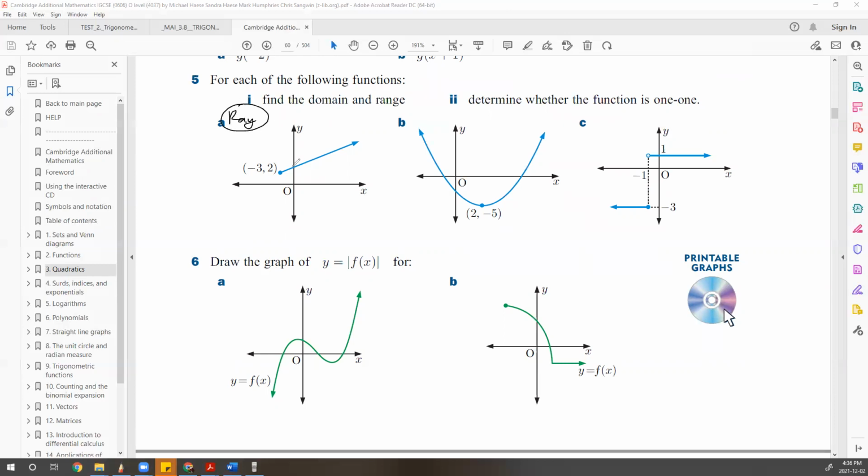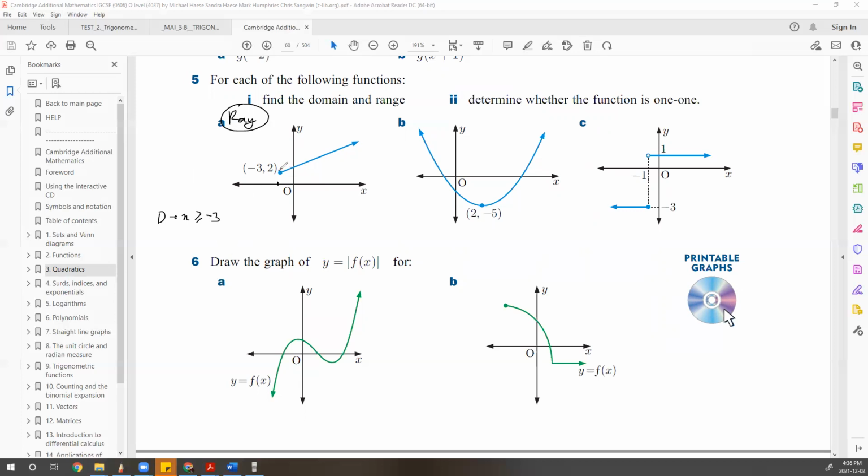What is a ray? It has a start, no end. So it starts and goes to infinity to the right, or to infinity to the left, up to you. So we can understand the domain starts from -3. So the domain is x is more than or equal to -3.